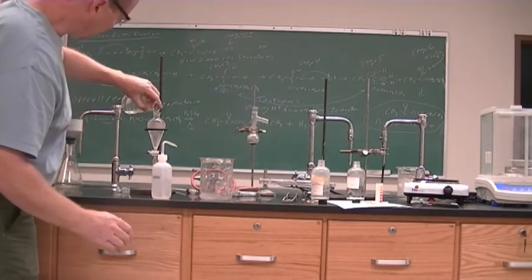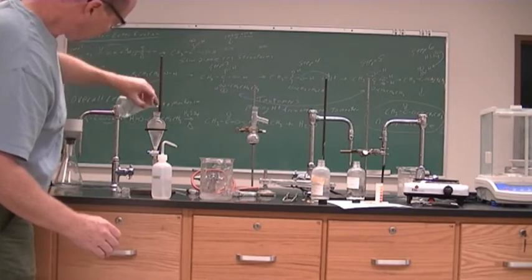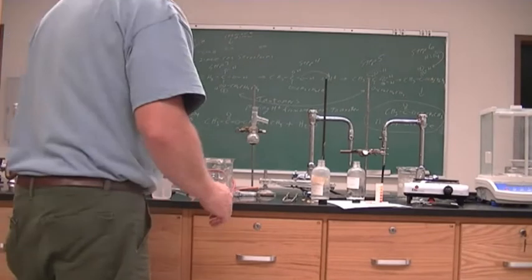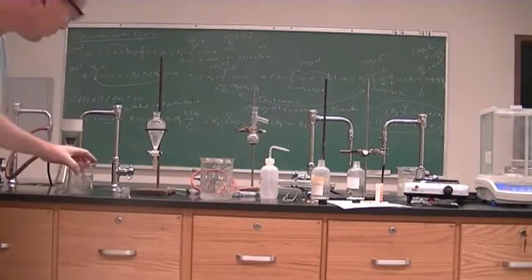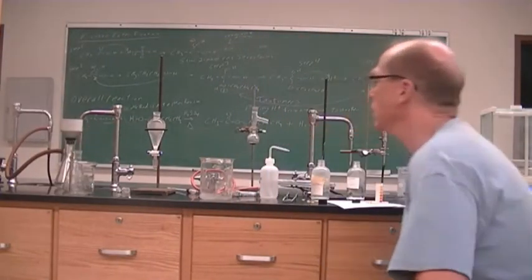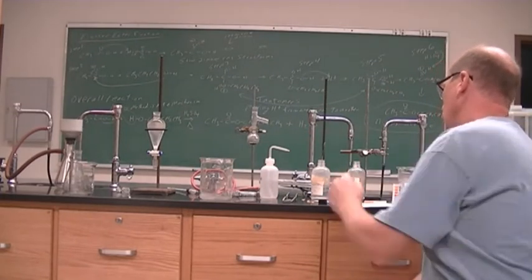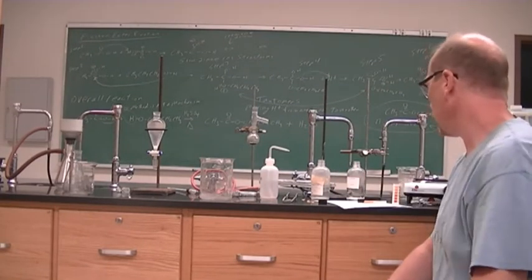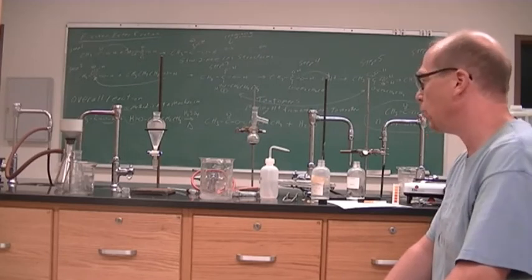Alright, I'm going to go with the deionized water rinse. Alright, so I'm going to then separate my two layers. Okay, so we're going to remove the lower layer as completely as possible and wash the n-propyl acetate layer with 10 mils of water.